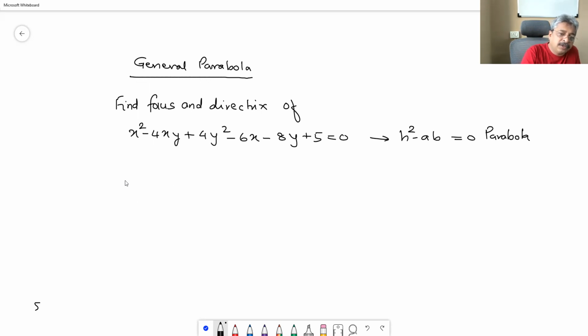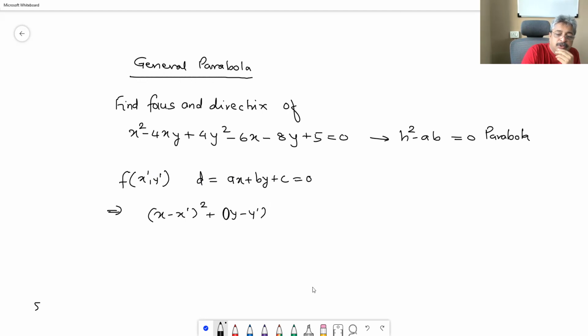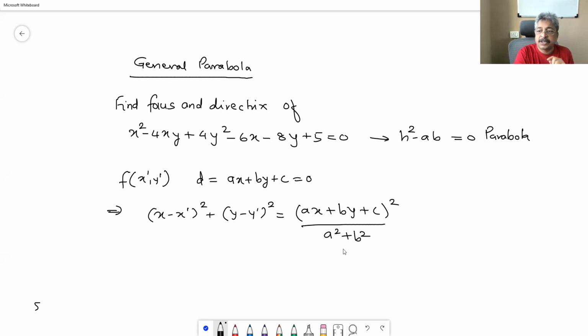So suppose you consider the focus as x dash comma y dash and the directrix as ax plus by plus c is equal to 0, then in general, by the focus directrix property, x minus x dash square plus y minus y dash square, this is the square of the distance from the point, which should be the same as the square of the distance from the line. Correct? This is the square of the distance from the line.